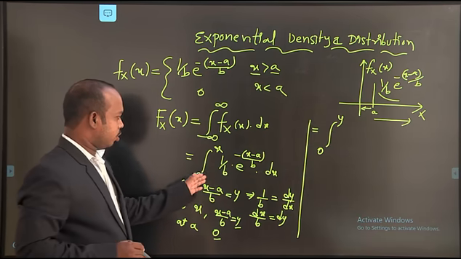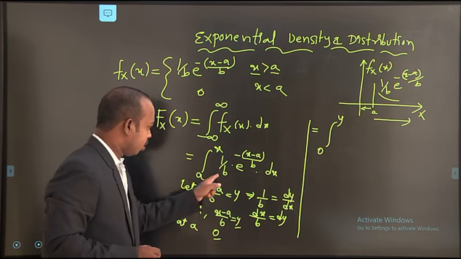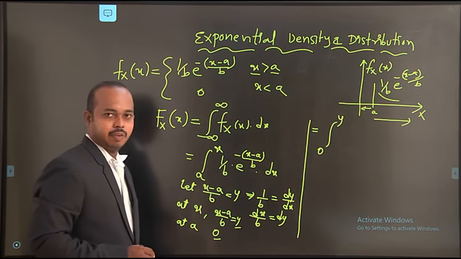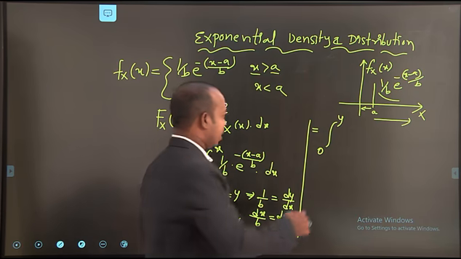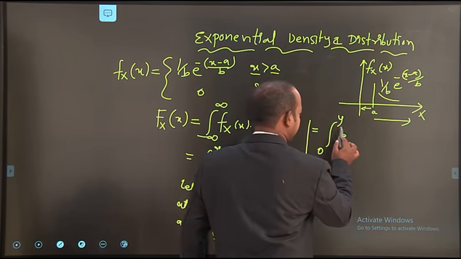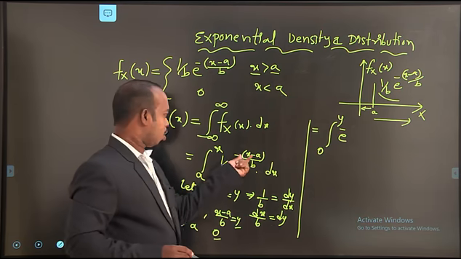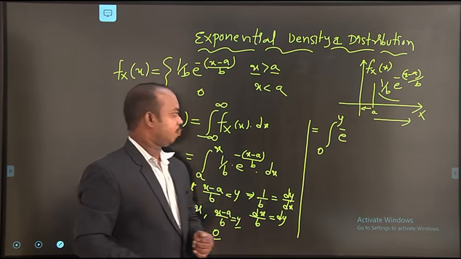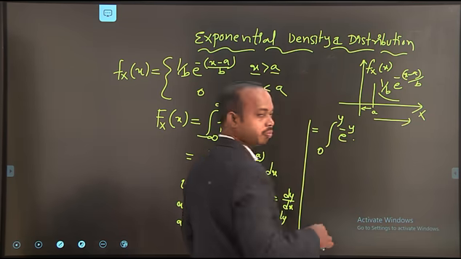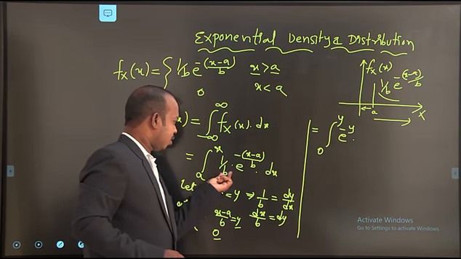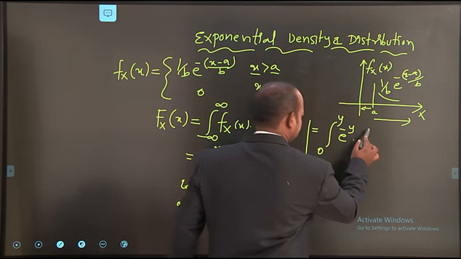Now this function changes: here dx divided by b is replaced with dy. Already we have taken the power term as y, that's why I am writing e power minus y into dy.